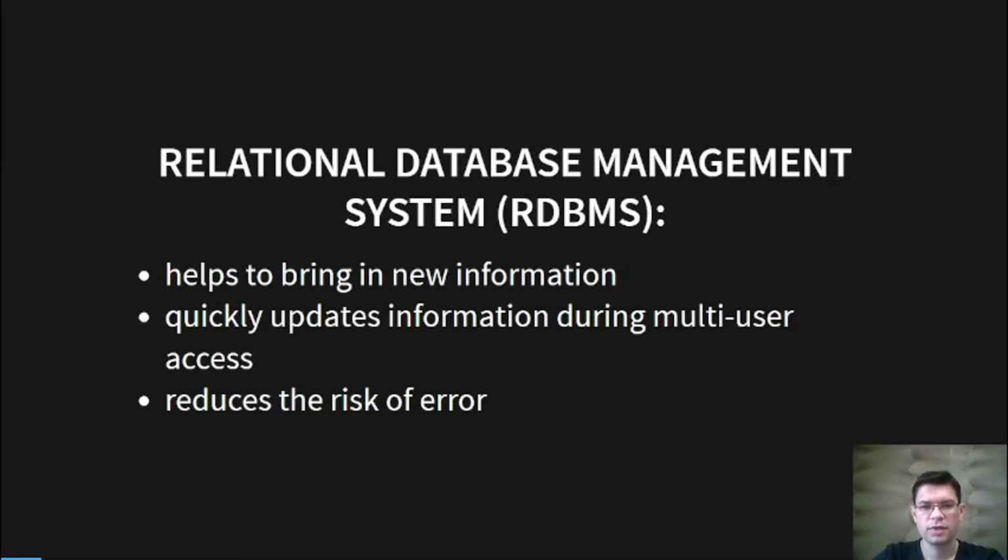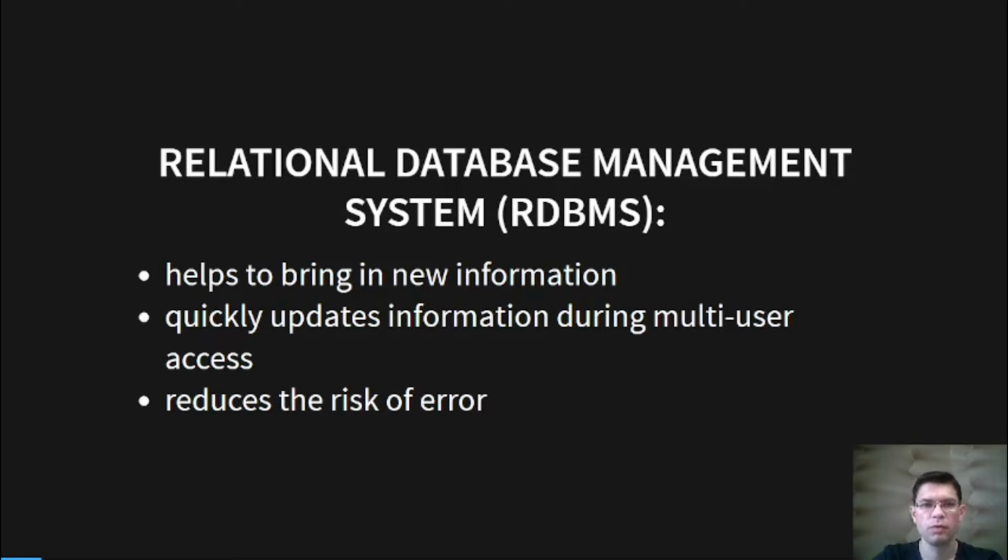A relational database management system is a set of software that allows you to work with databases: create, delete, and edit them. A DBMS helps to bring in new information. Since the structure has already been created, the desired input field can be found using the built-in DBMS tools. A DBMS quickly updates information during multi-user access.